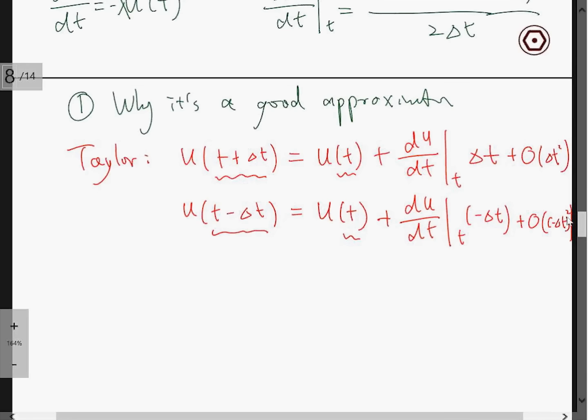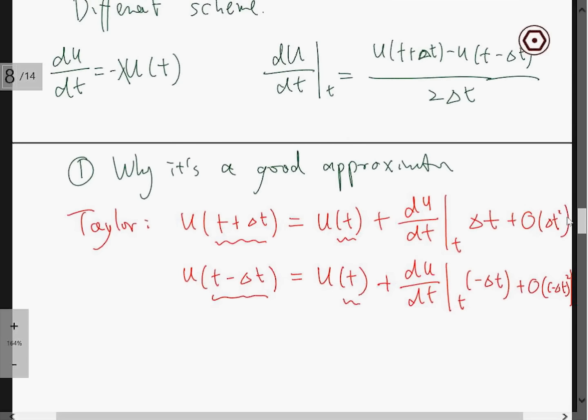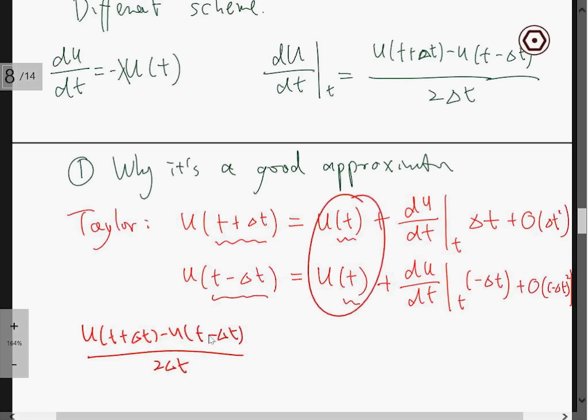Okay. So now when I plug both approximations into this formula, u at t plus delta t minus u at t minus delta t over 2 delta t, these two terms cancel out.